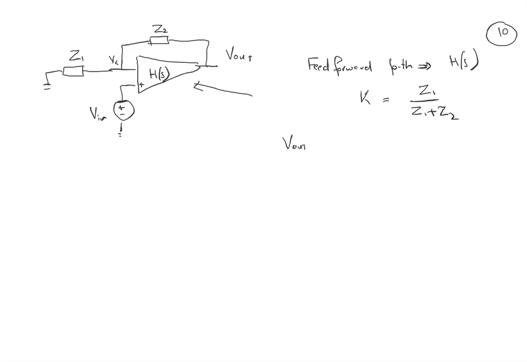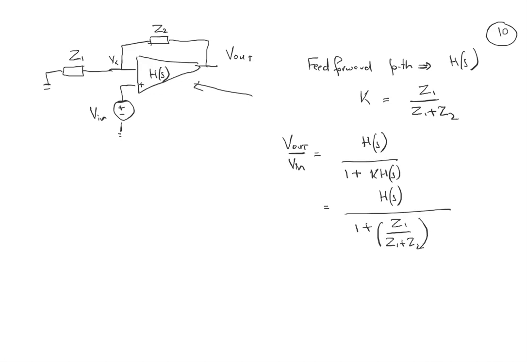V out by V in equals, we all know the same thing, H of s divided by 1 plus k times H of s. Or we can write H of s divided by 1 plus z1 divided by z1 plus z2 times H of s. You can easily write this expression for a non-inverting configuration.